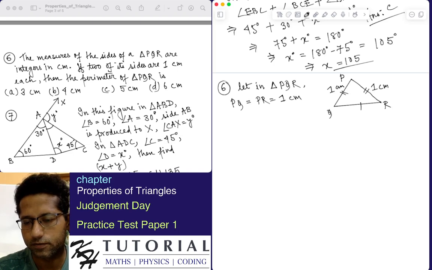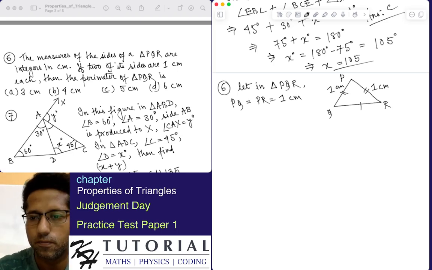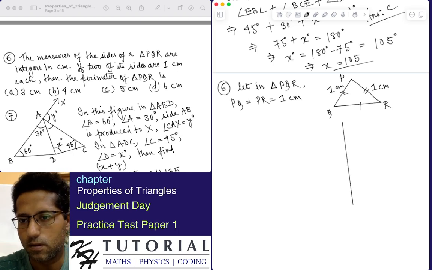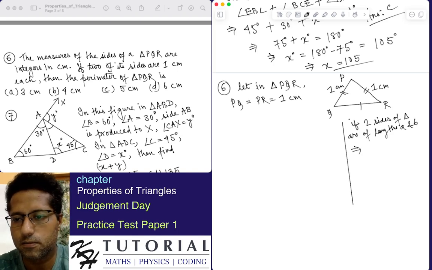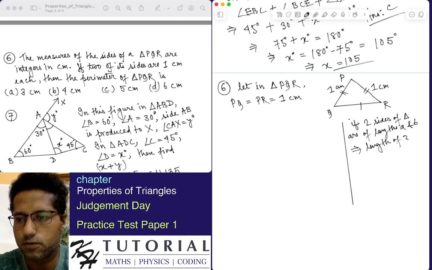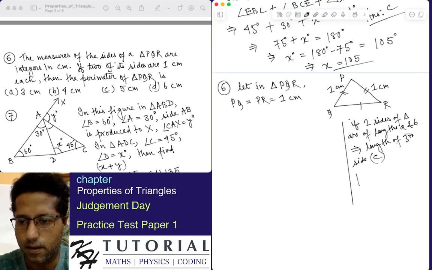As a side note, if two sides of a triangle are of lengths A and B, then the length of the third side, let's say C, must be greater than the difference of the two sides A and B and less than A plus B.